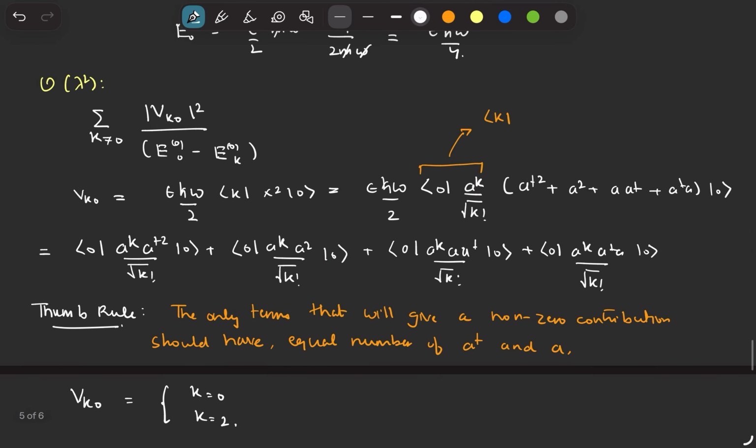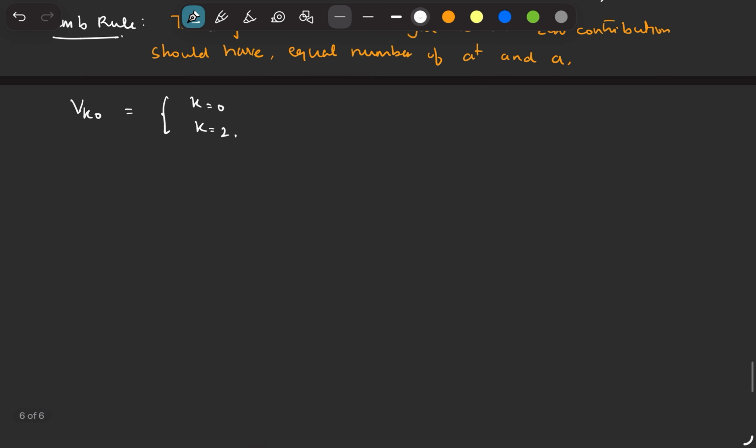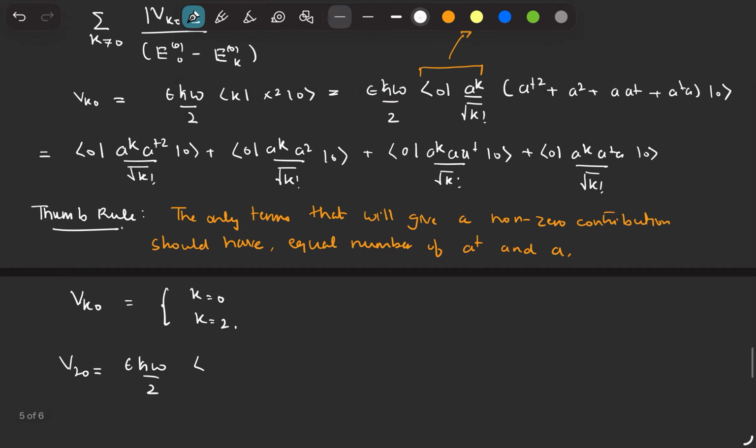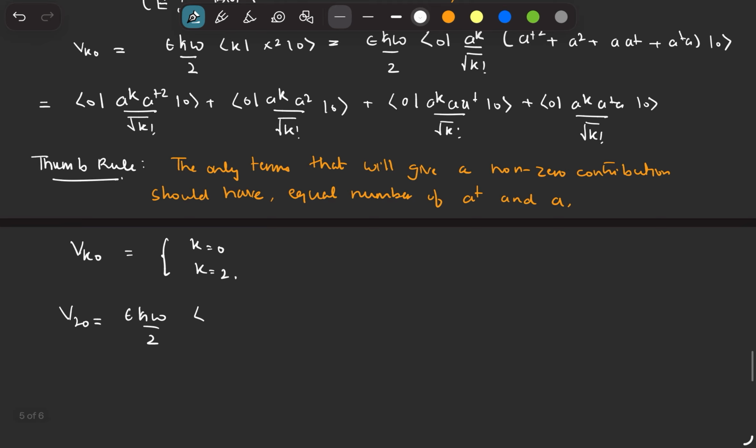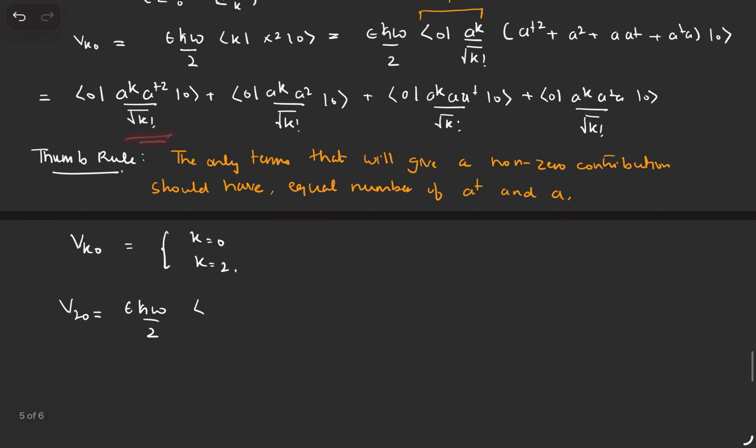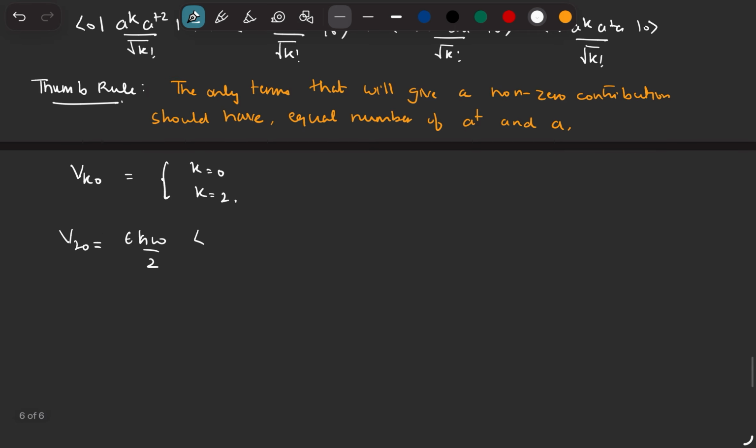Okay, so I have already computed v00. Now let me compute v20. So that is epsilon h bar omega by 2. And now I have this, obviously, so only because now I'm talking about 2, only this matrix element will be there. So let's see.